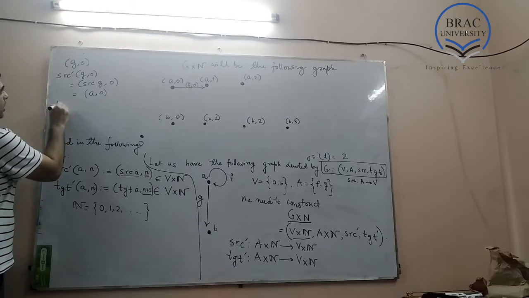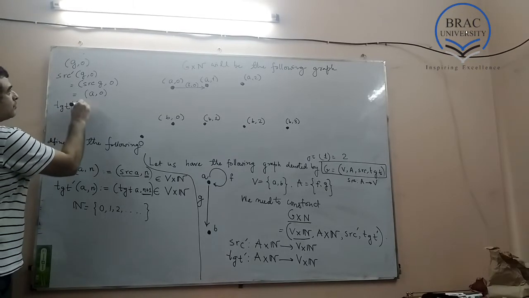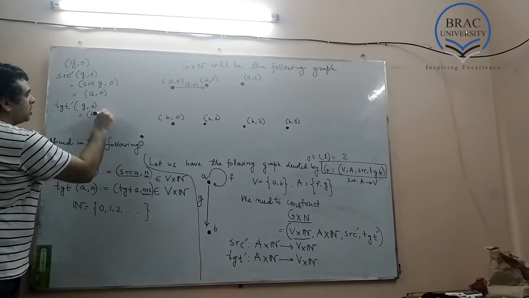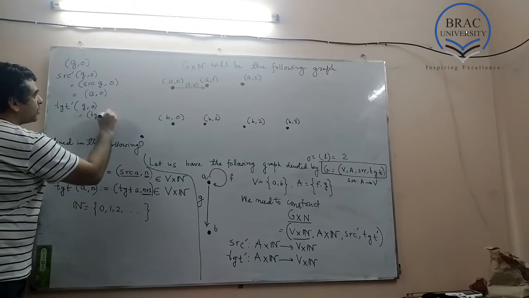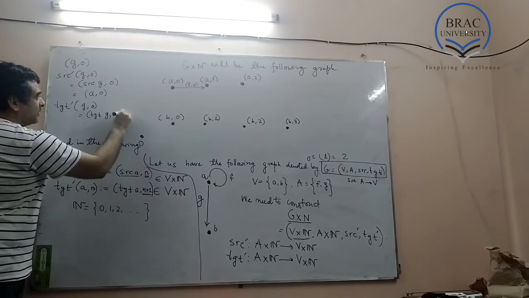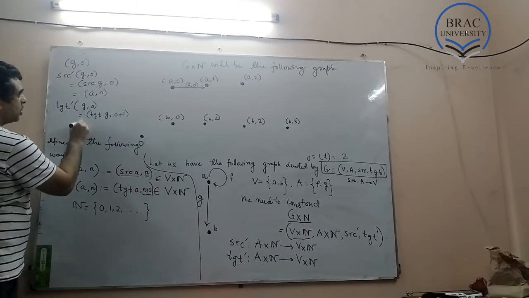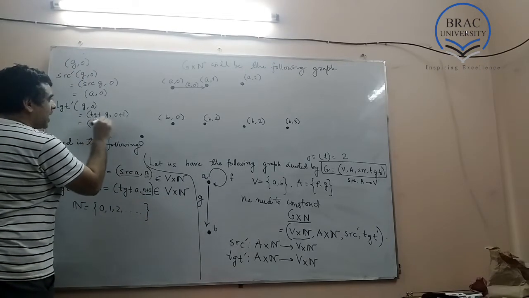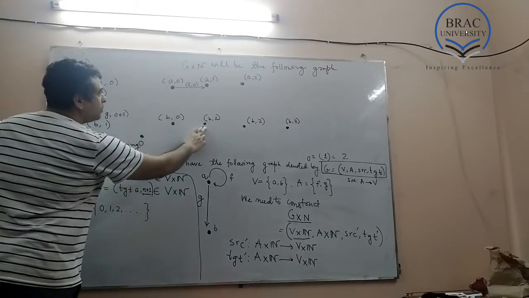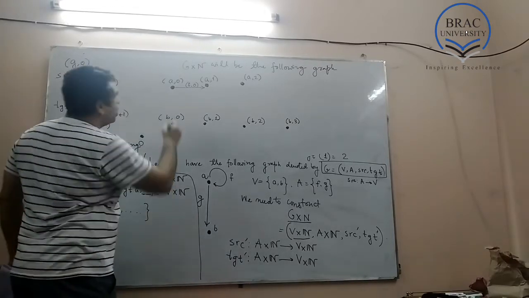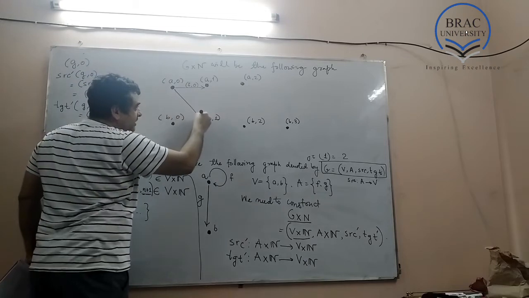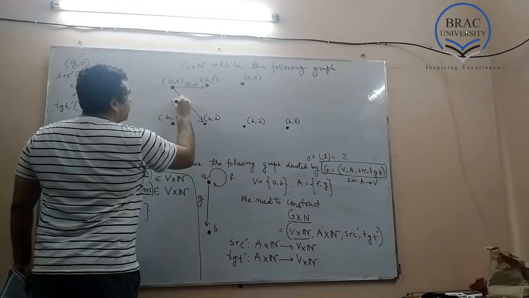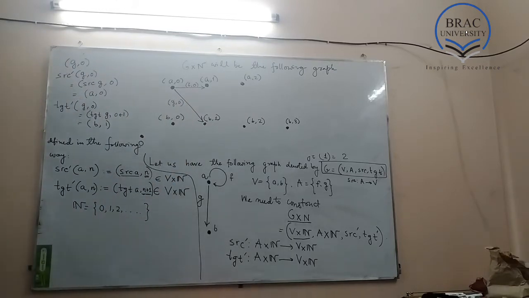And the target of this map G comma 0 is going to be TGT G comma 0 plus 1, according to this definition. So what's the target of G? The target of G is B, and 1. So B comma 1 is going to be the target of this map G comma 0. So I see that this is the map G comma 0. Okay.